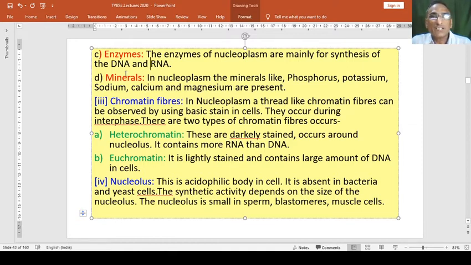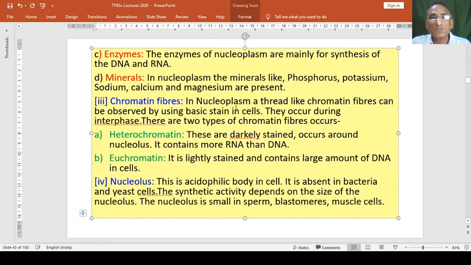These minerals, like phosphorus, potassium, sodium, calcium and magnesium, play a key role in the physiology of the nucleus. The third material is chromatin fibers.